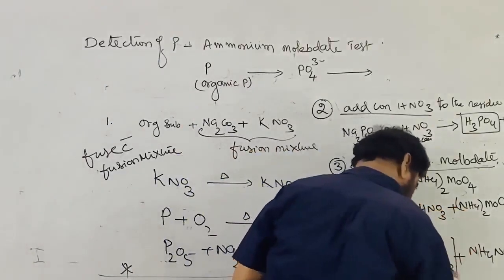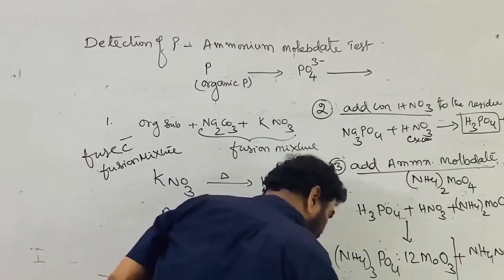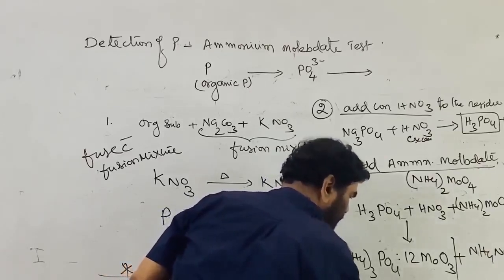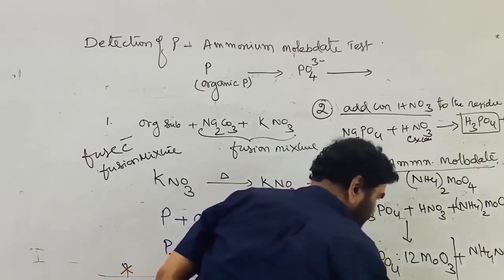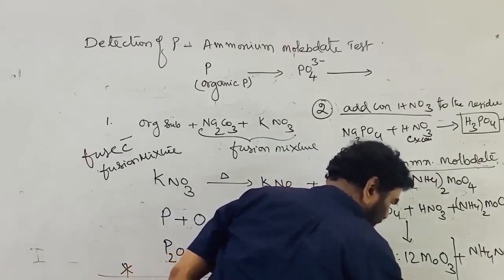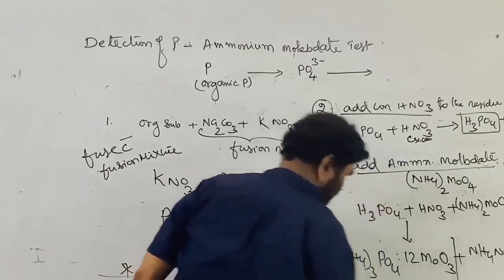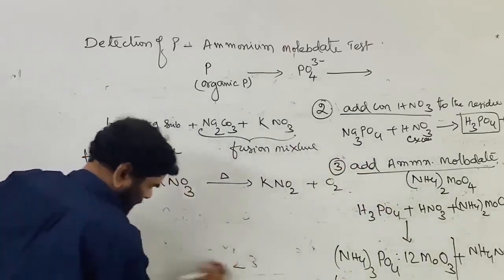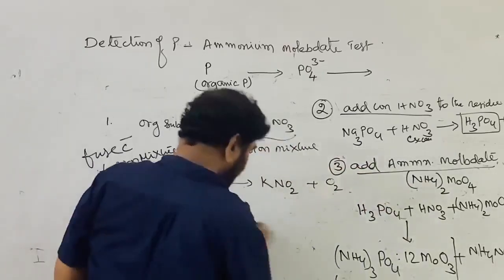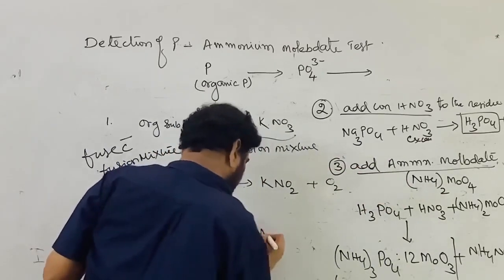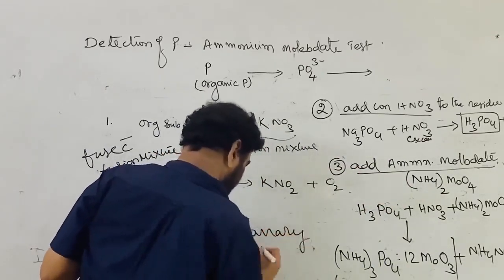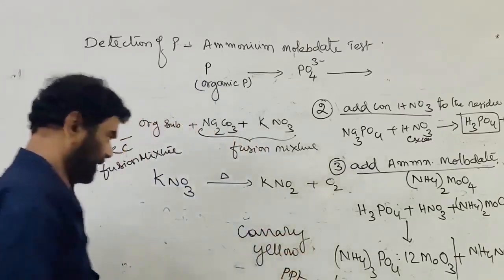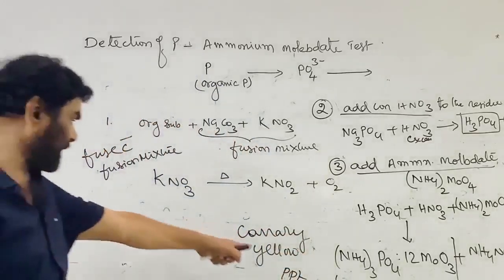This is called ammonium phosphomolybdate. It has the color of canary yellow. A canary yellow precipitate is formed.